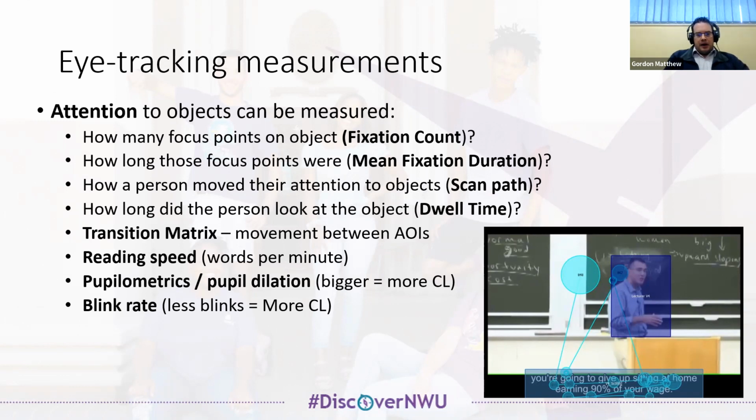You can have pupil dilation. So the bigger the pupil, the more cognitive strain on the brain there is. It means the more attention there was. And blink rate, you can also use blink rate, so fewer blinks equals more cognitive strain on the brain. So more information processing or strain on the brain.